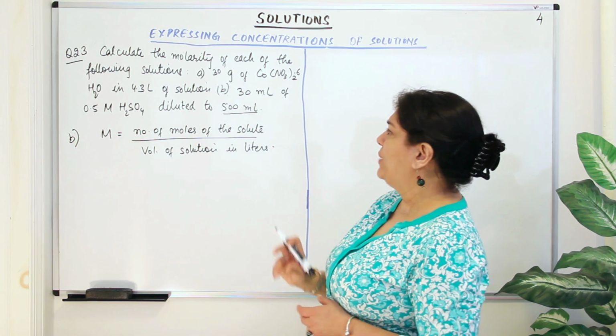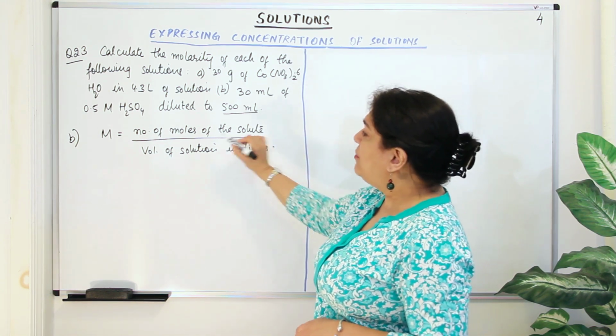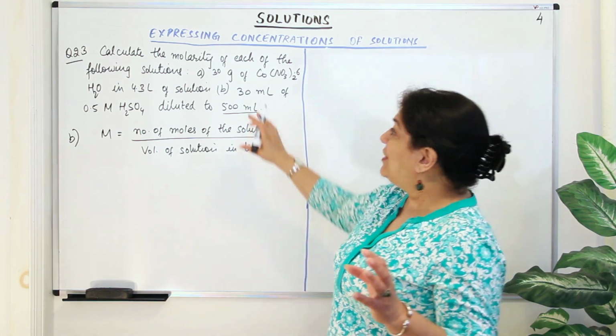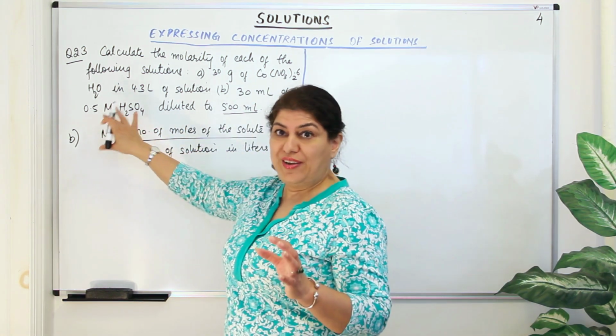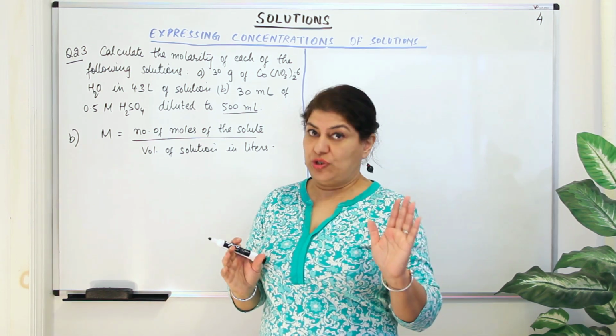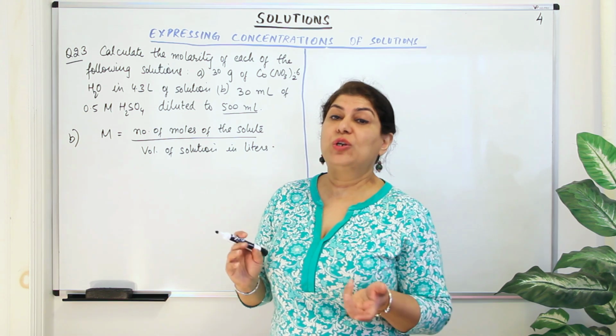So we have the volume again, and we have to find out the number of moles of solute in 30 milliliters. So 30 milliliters of 0.5 molar H2SO4 solution was taken. What does 0.5 molar solution mean?